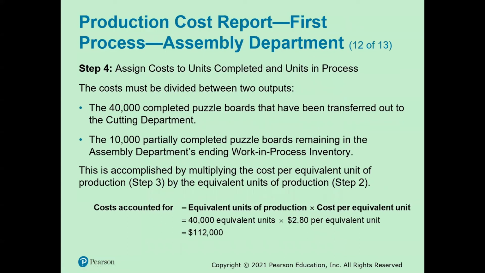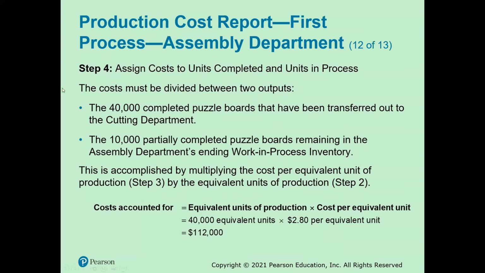To assign the cost of the two inputs to the two outputs, this step must be repeated 4 times to assign direct material costs to completed units and in-process units, and also conversion costs to completed units and in-process units.